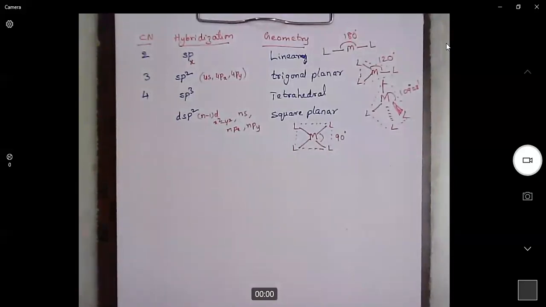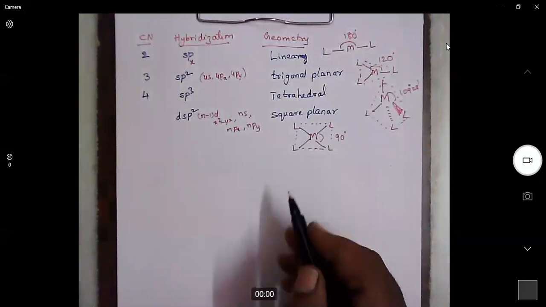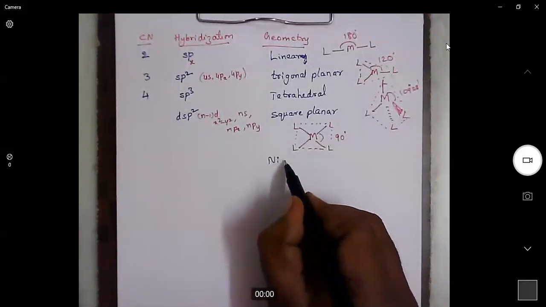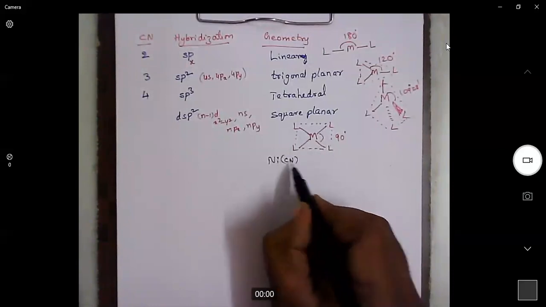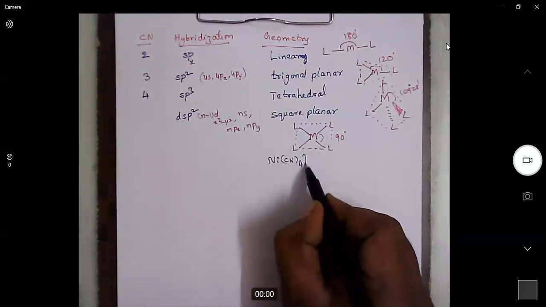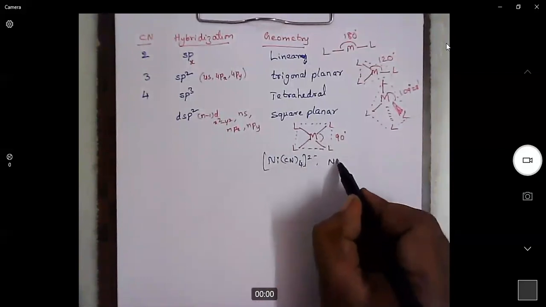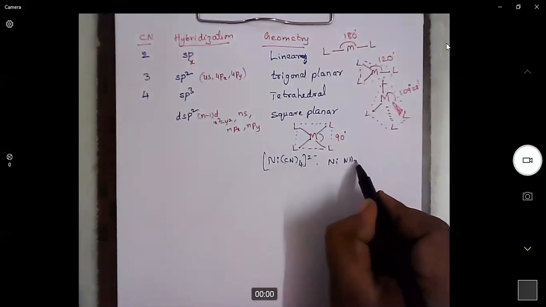I'll give some examples for square planar complexes and tetrahedral complexes. You practice explaining the structures using valency bond theory. At least practice for 1 or 2 examples.